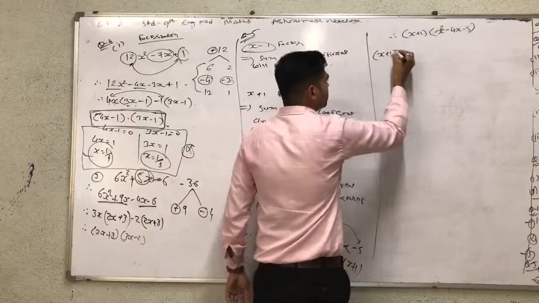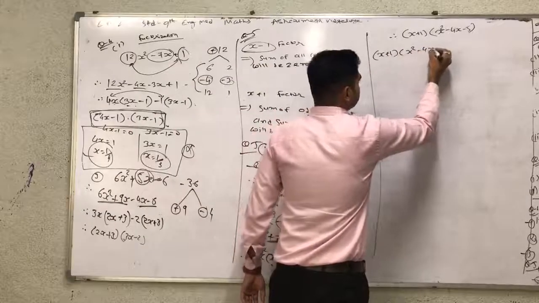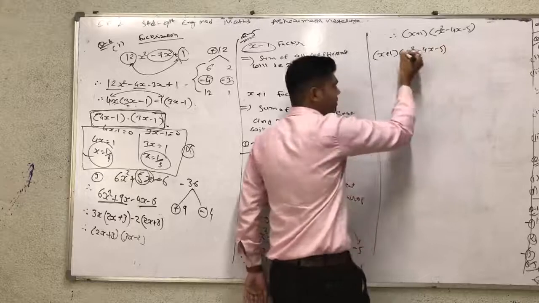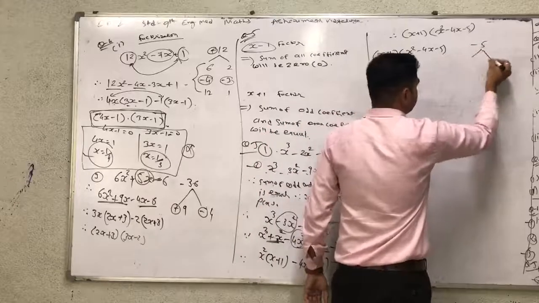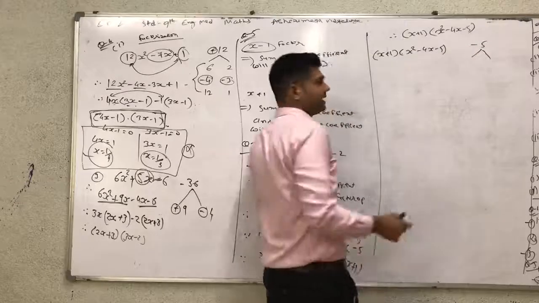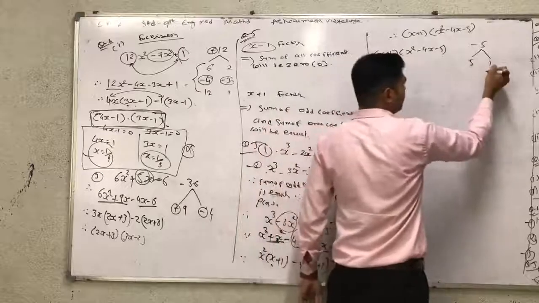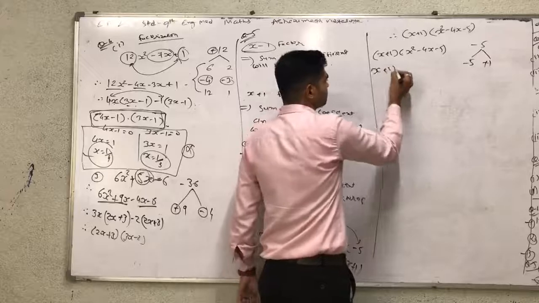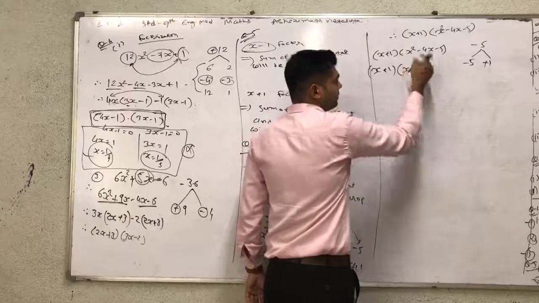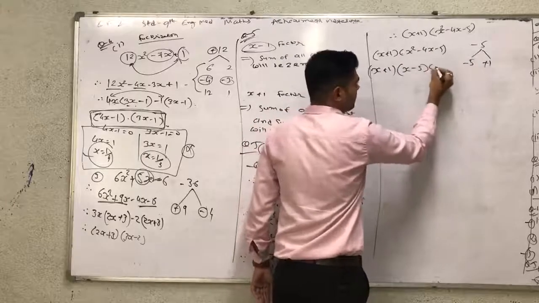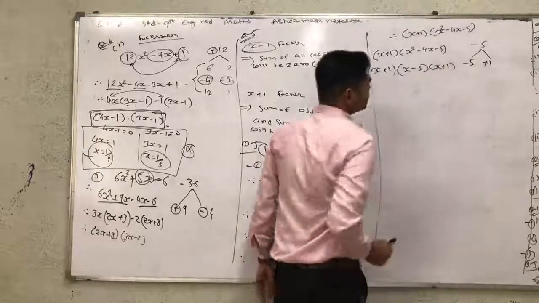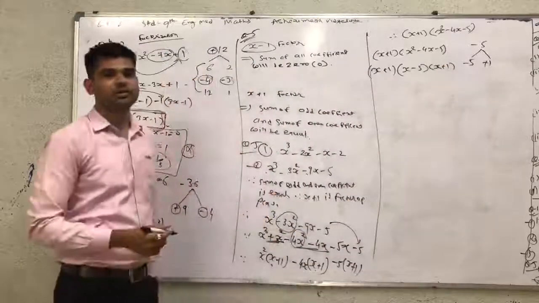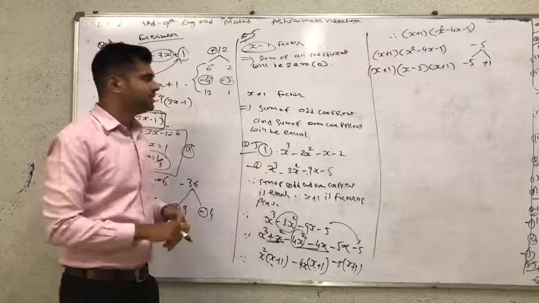And we know that for x square minus 4x minus 5, the constant term is multiplied by the minus 5 factor, and the answer is minus 4: 5 into 1, plus 5 minus 1. The coefficient is 1, therefore we can directly factor: x minus 5 and x plus 1 are factors of the given polynomial. So this is the given answer.